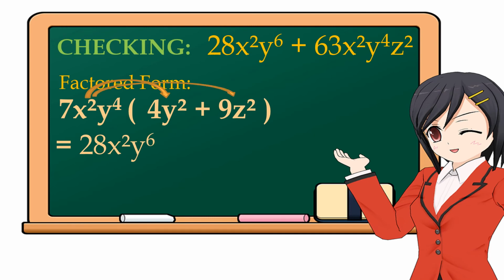And multiply 7x squared y raised to the fourth to 9z squared, which is equal to 63x squared y raised to the fourth z squared. So meaning 28x squared y raised to the 6 plus 63x squared y raised to the fourth z squared is the factor form of 7x squared y raised to the fourth times quantity 4y squared plus 9z squared.